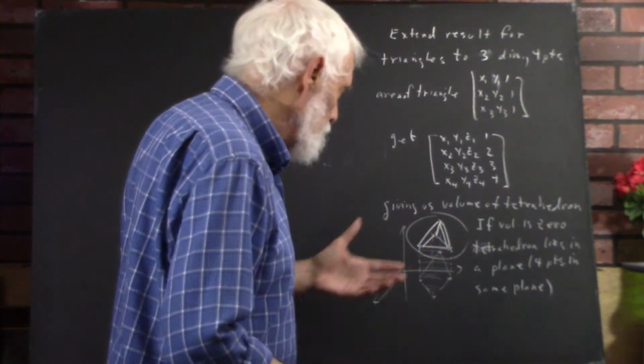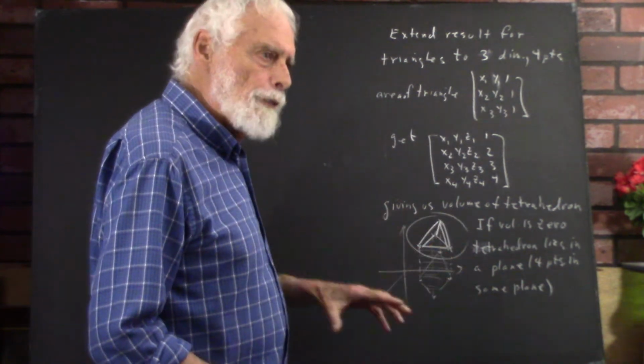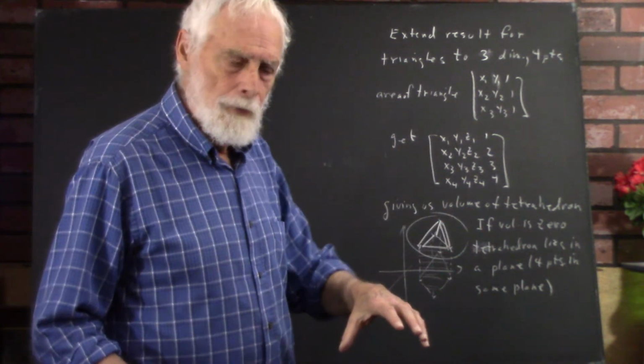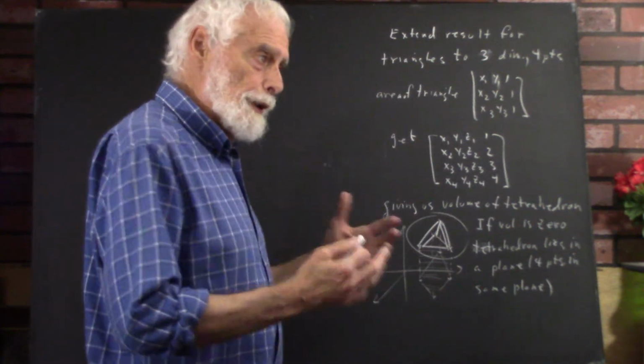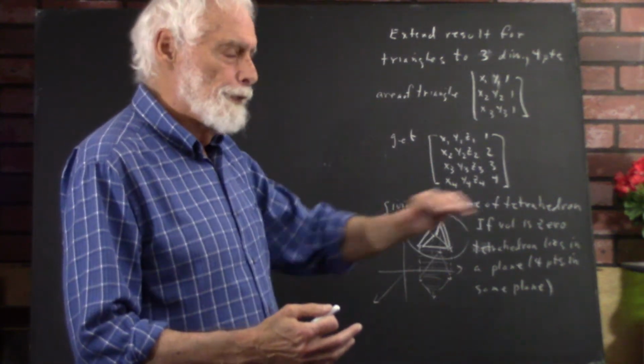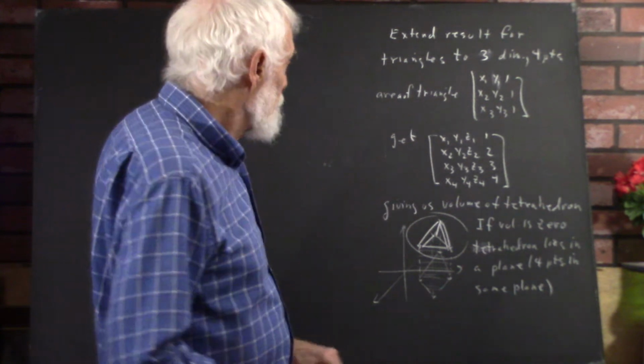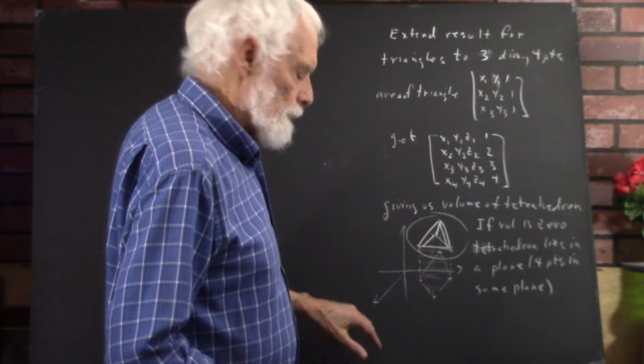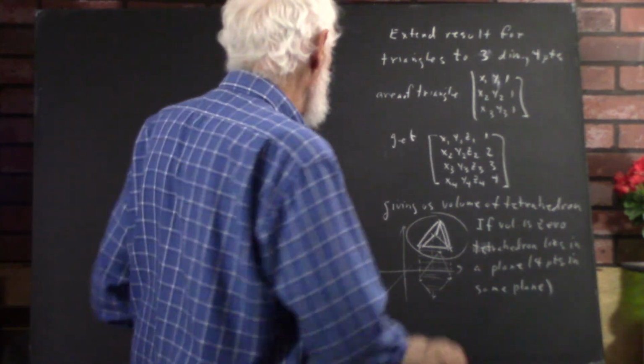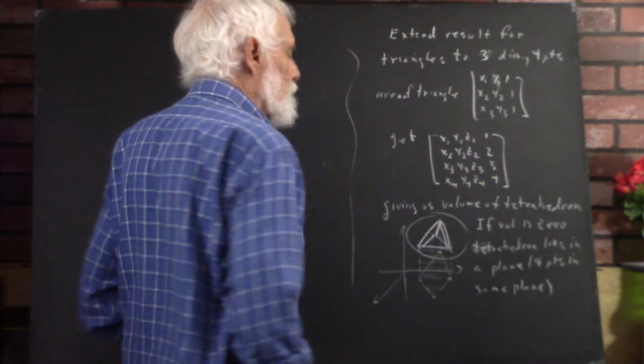A tetrahedron of zero volume means all 4 points are in a plane. A triangle of zero area means the 3 vertices are on a line. So it's kind of a neat exercise in some higher dimensional geometry.